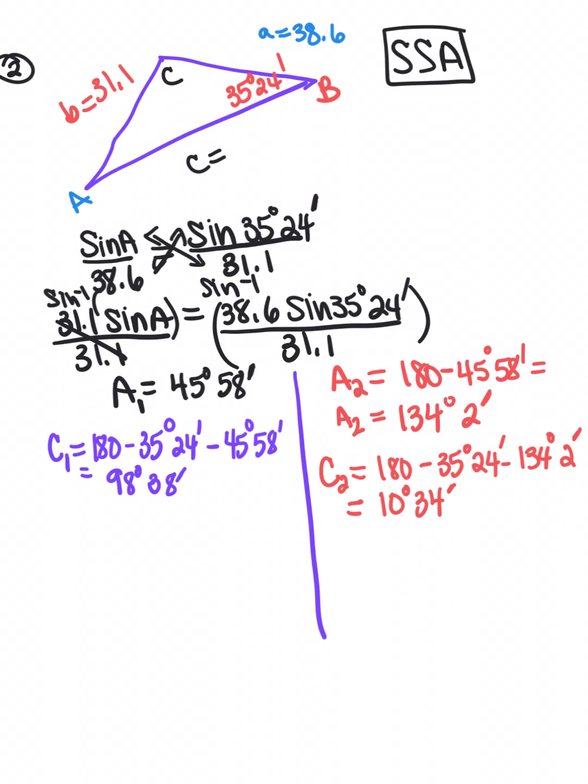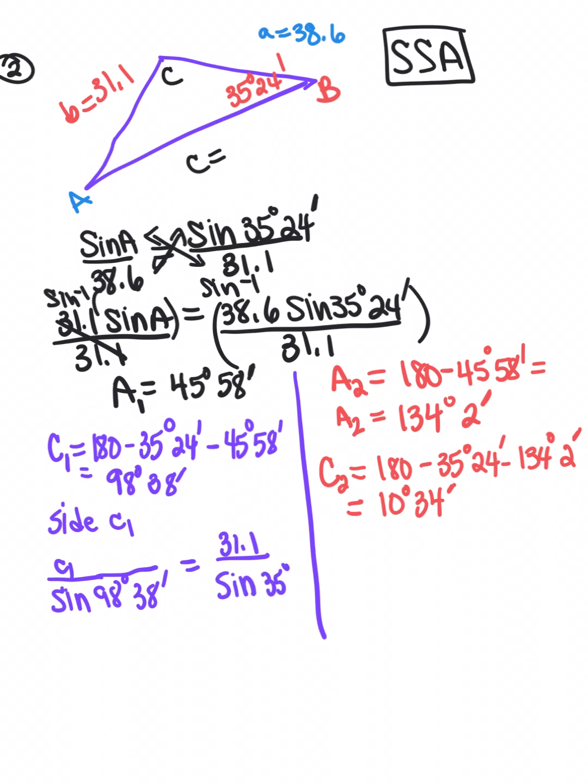Now we need to find side. So for side C1, we have C1 over sine of 98 degrees 38 minutes is equal to, I'm going to use the given information, which was B. So B was 31.1 over sine of 35 degrees 24 minutes. I'm going to cross multiply and solve.